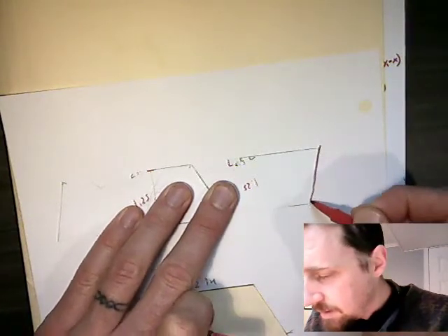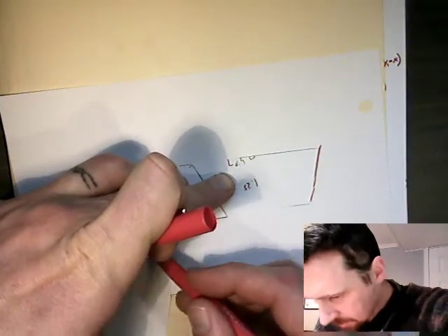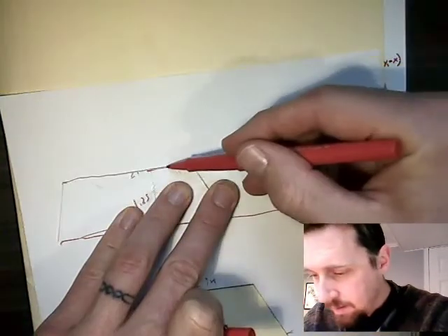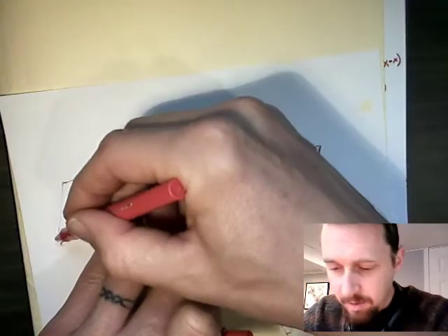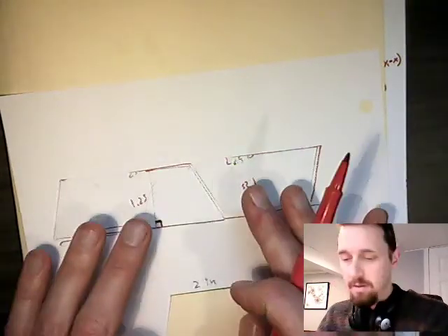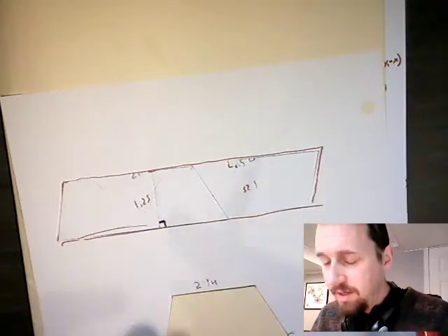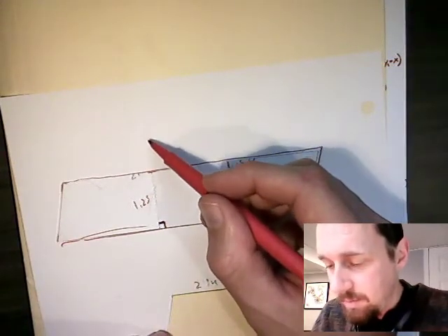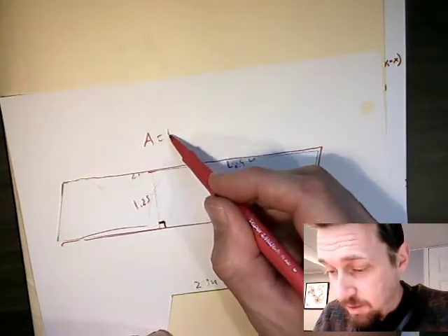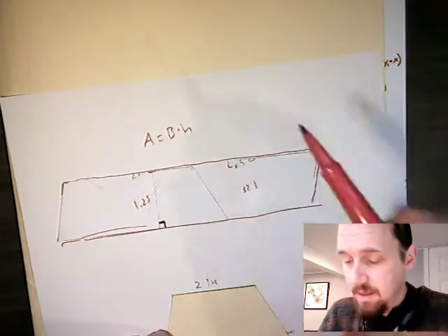The top and bottom are parallel, the sides are parallel. That makes a parallelogram right there for us. And we know the area of a parallelogram is just base times height.